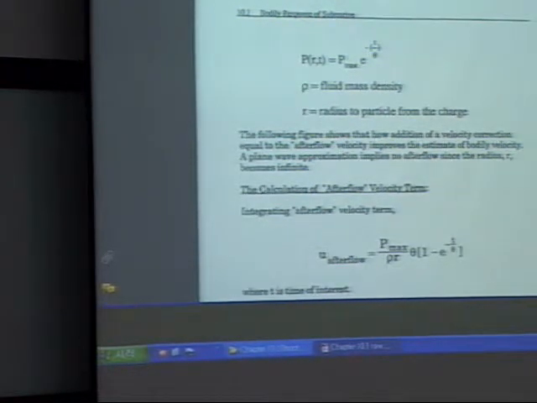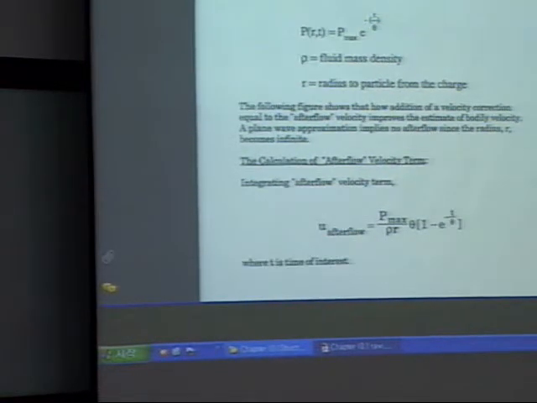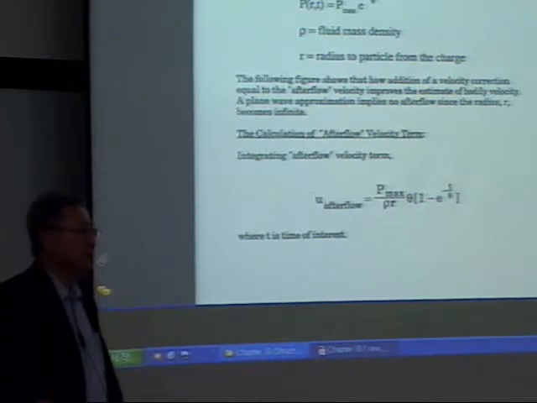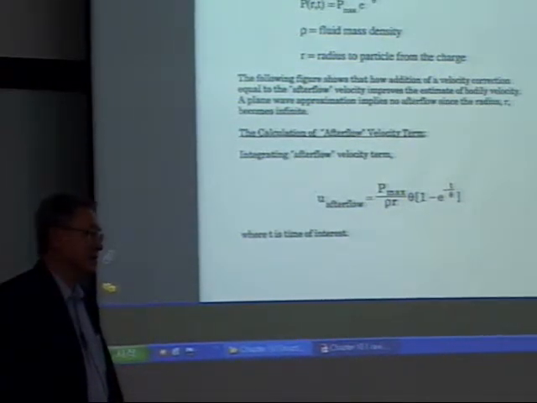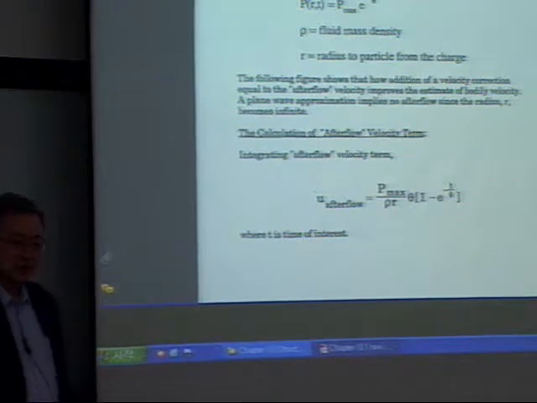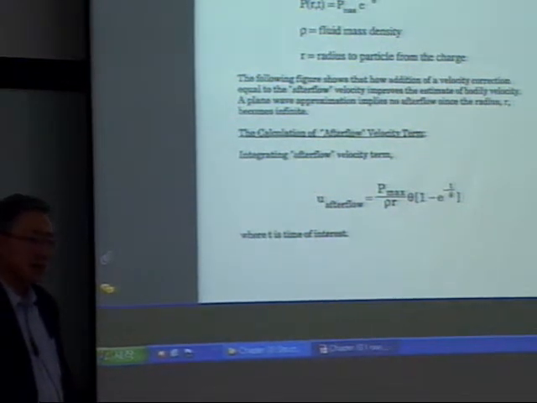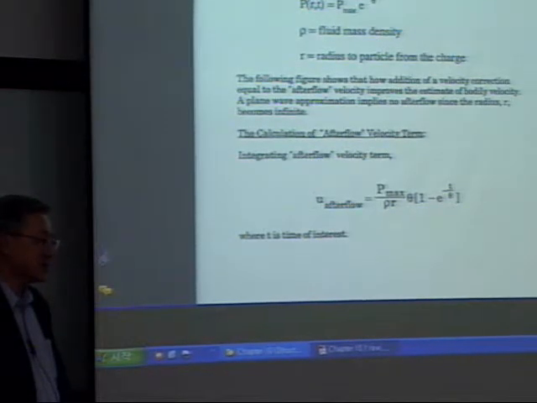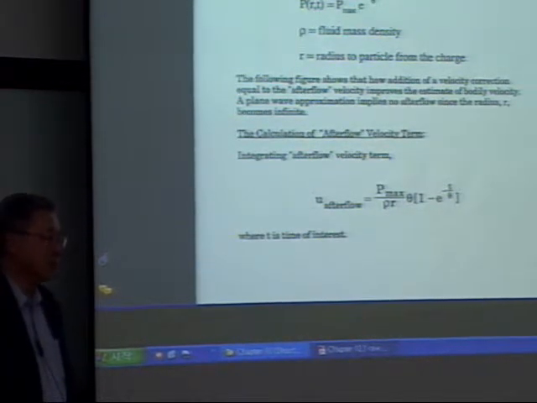So when you do the integration, you end up with the form P max over rho r theta and all this. P max, as in chapter 3.2, is an empirical formula, a function of charge weight, standoff distance and charge type.